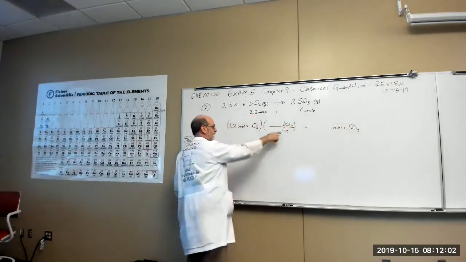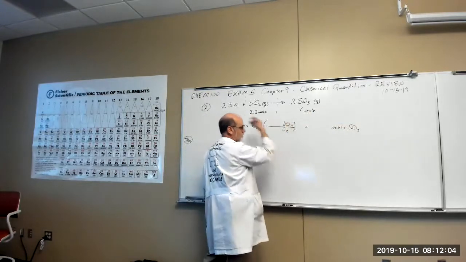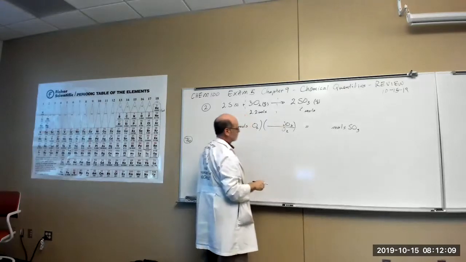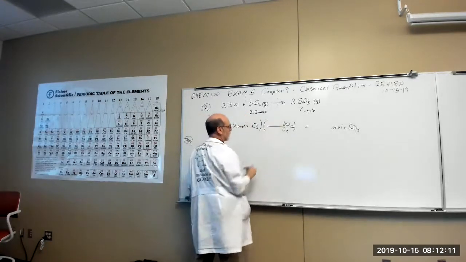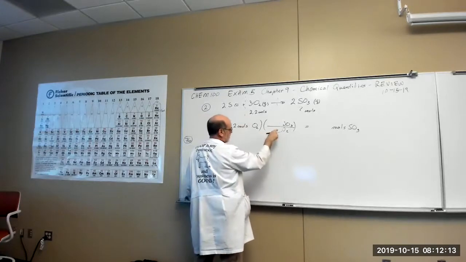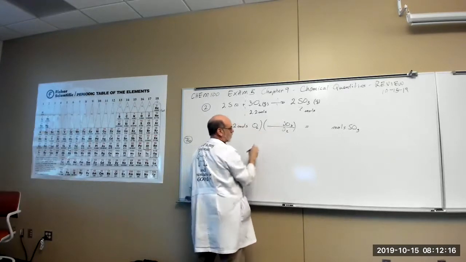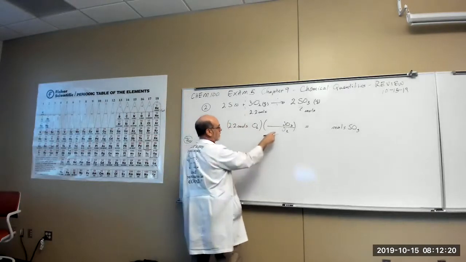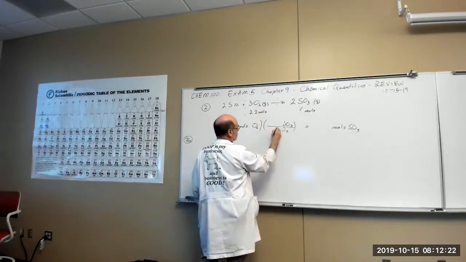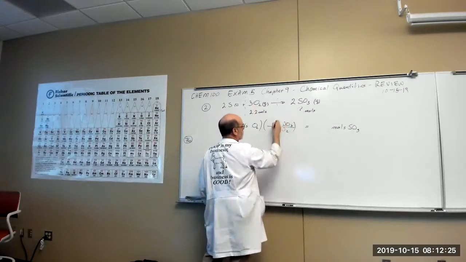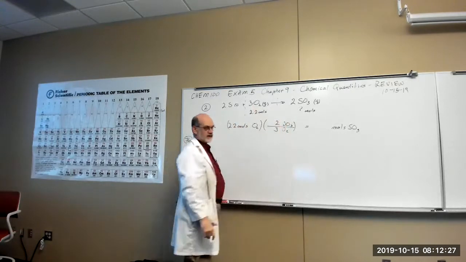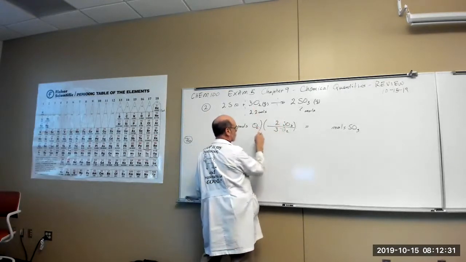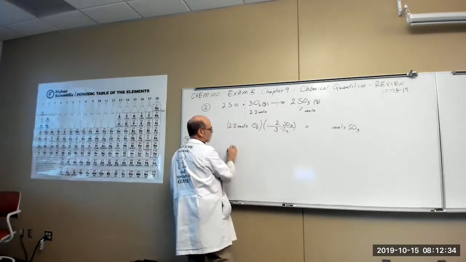That cancels the oxygen and leaves us with sulfur trioxide. I left out the moles in here, hopefully you understand. But so the ratio here comes from where? The coefficients. So we have 3 oxygens for every 2 sulfur trioxides. Now we can cancel the oxygens and take 2/3 of 2.2.